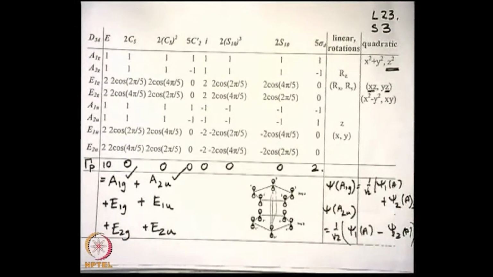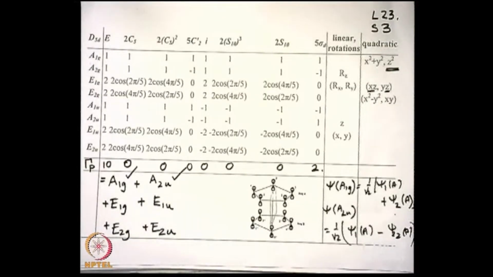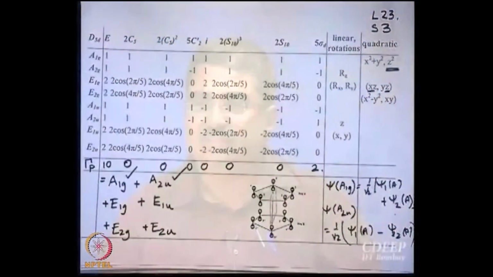You have A1G, A2U, E1G, E1U, then this is E2G, E2U. Now tell me, in this d, what are the different symmetries that are there? A1G, E1G, E2G.